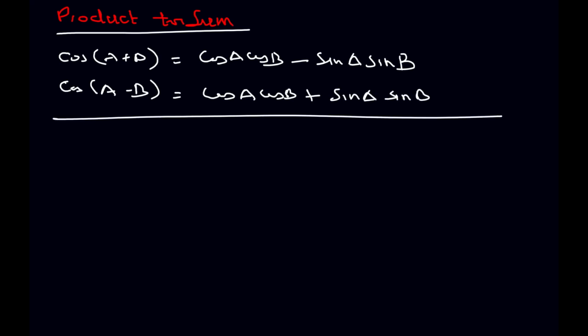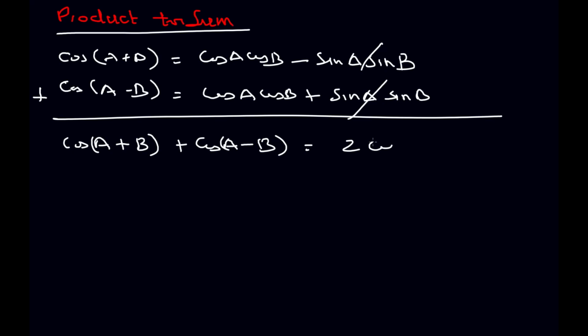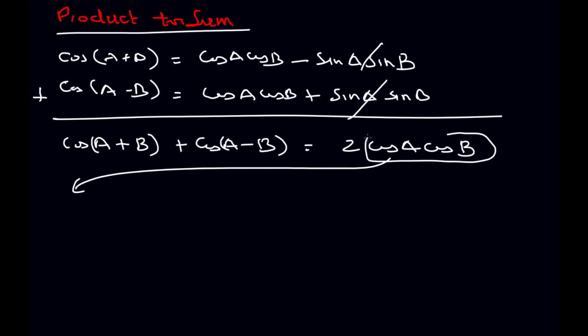You'll notice that if we just simply add these two statements, these two are going to cancel out. So meaning that we'll have cos of A plus B, then plus cos of A minus B is equal to 2 cos A cos B. Meaning that we can solve for this, right?